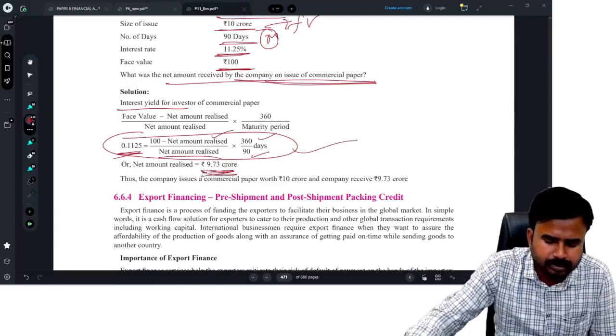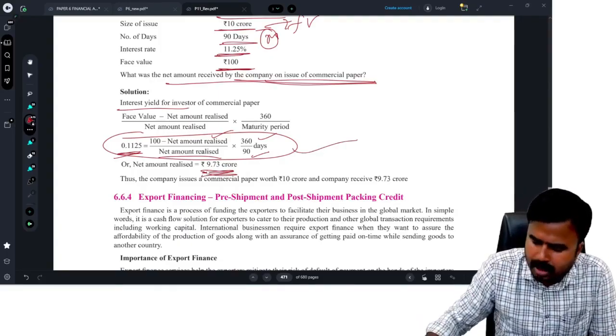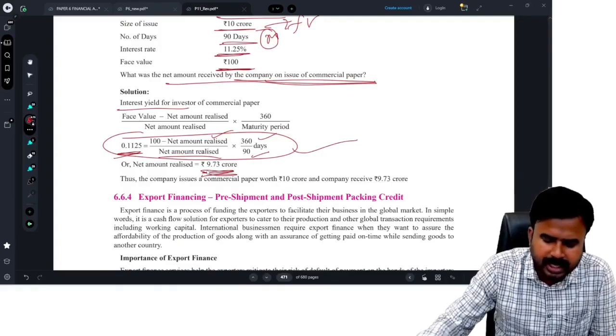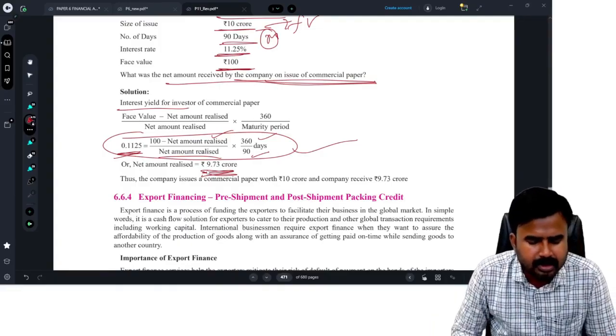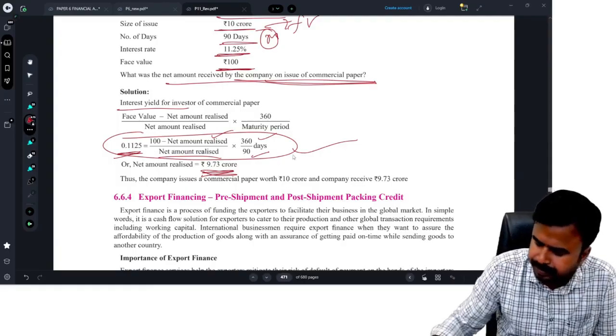Actually, how much is the net amount received? Let me solve this.